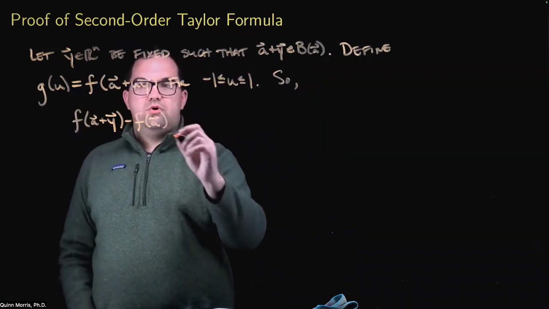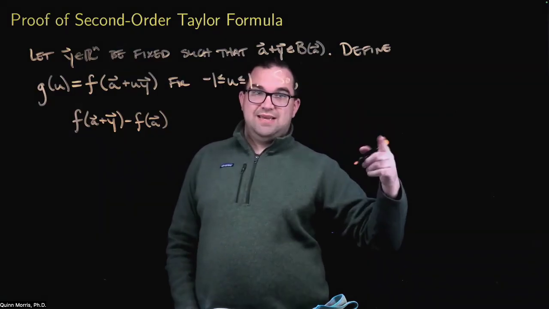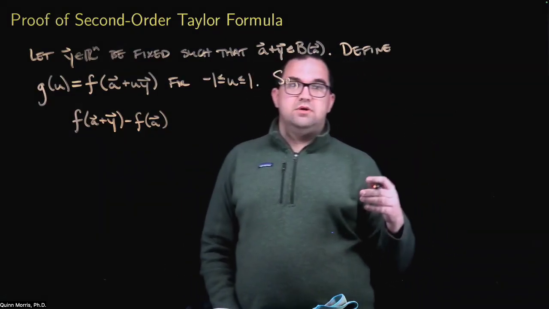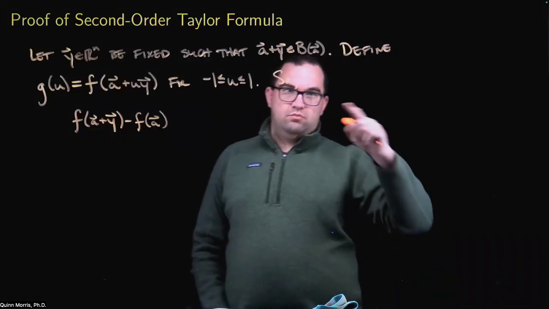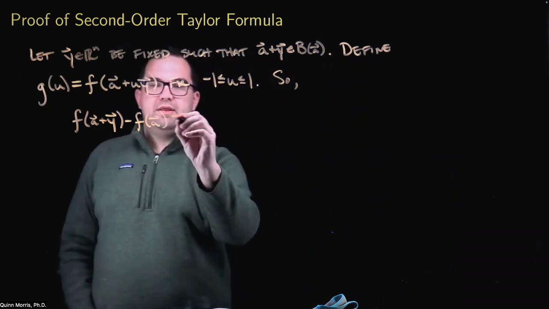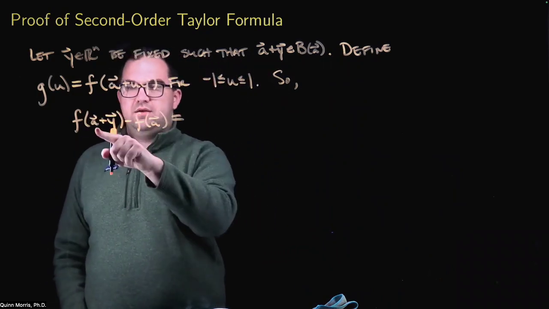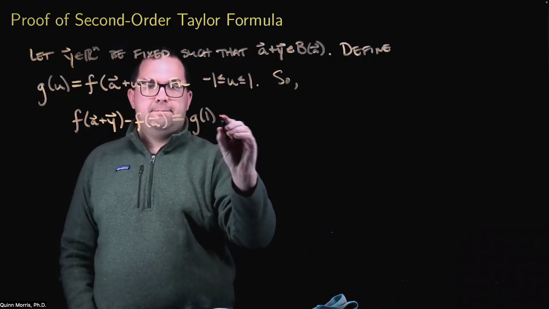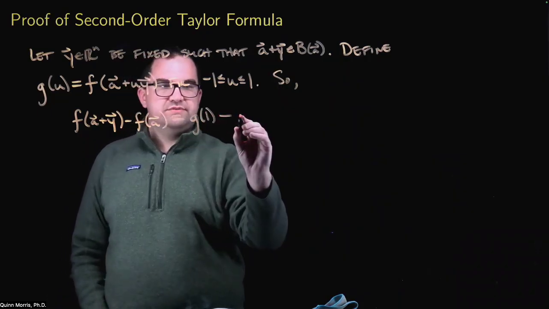So what I'd like to do eventually is show this is equal to 1/2 y H y transpose, where that H is evaluated at a plus cy. But if I express this in terms of g, f of a plus y, that's just g of 1. f of a, that's just g of 0.